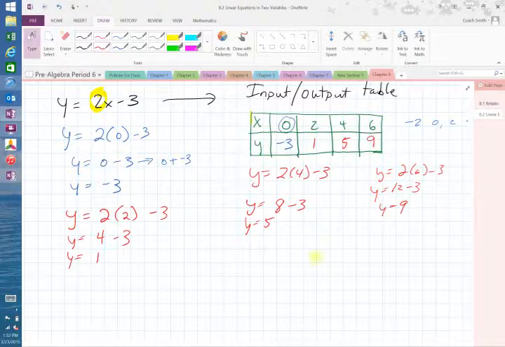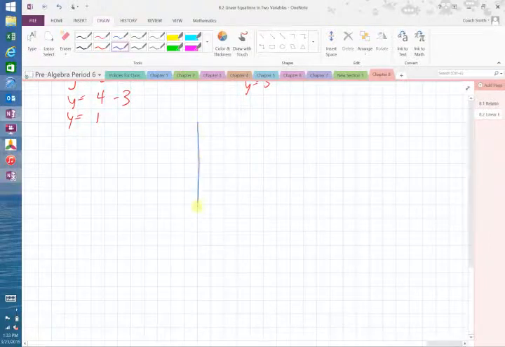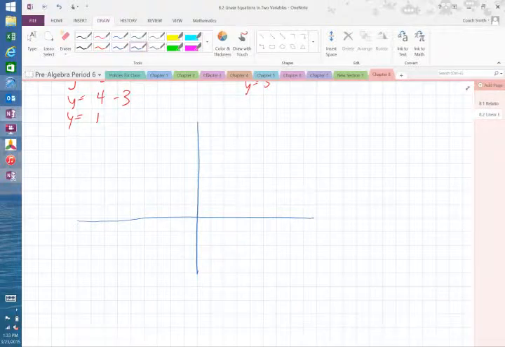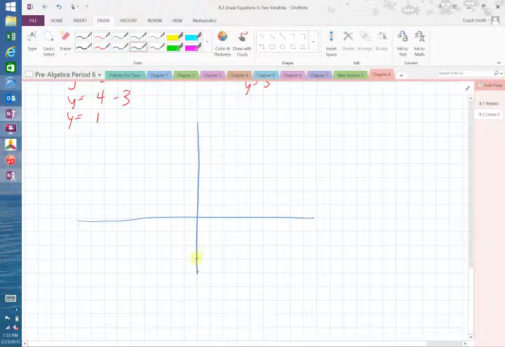So that means I have to draw a graph down here. Okay, our first one was 0 and -3. So I'm going to plot 0 and -3.